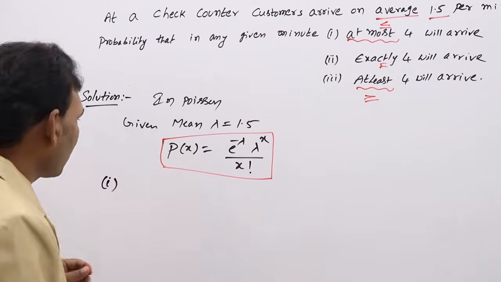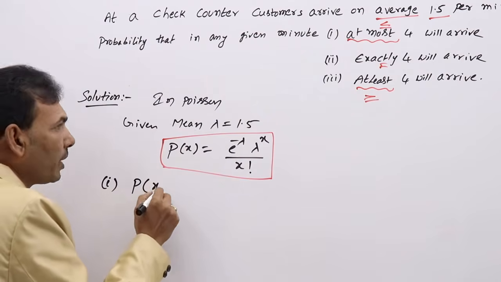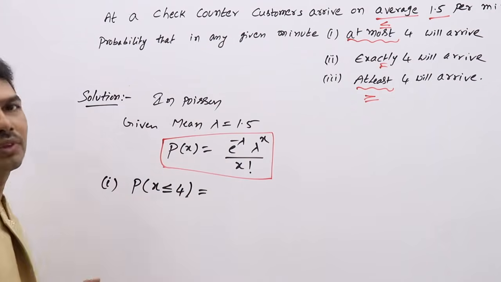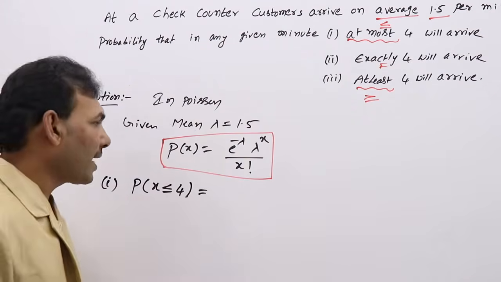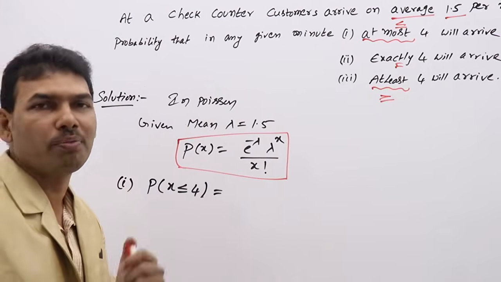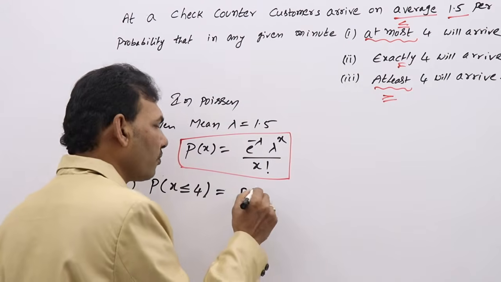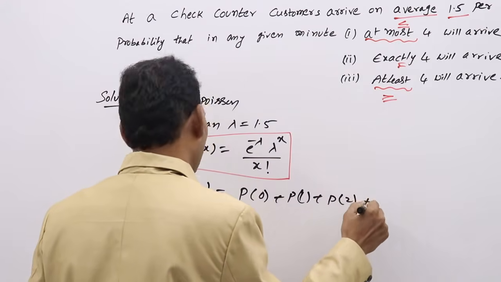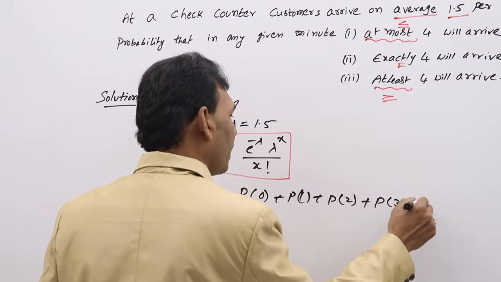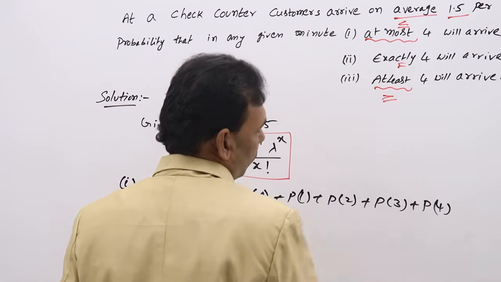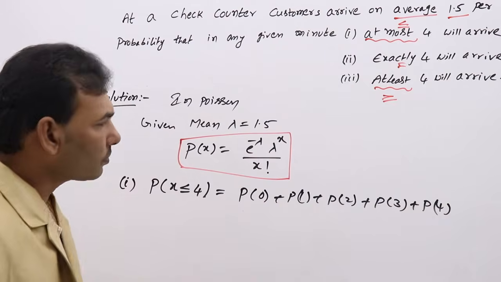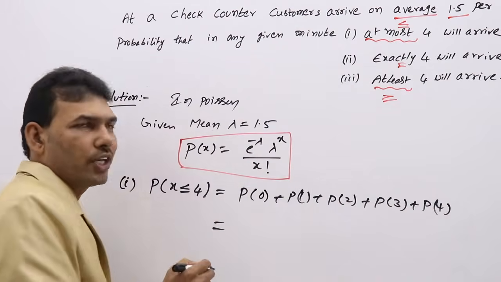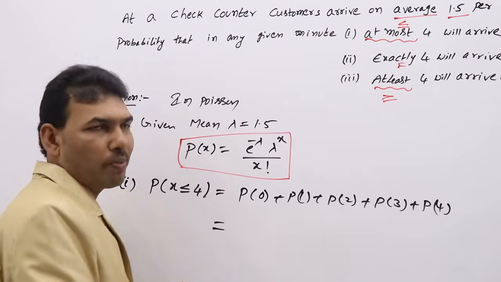So first case, we need to evaluate the probability of x less than or equal to 4. That means we need to start from 0: probability of 0 plus probability of 1 plus probability of 2 plus probability of 3 plus probability of 4, up to 4. So for probability of 0, in this formula write 0 in the place of x and replace lambda by 1.5.